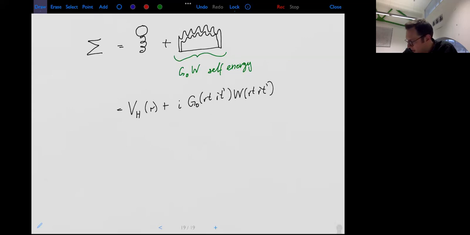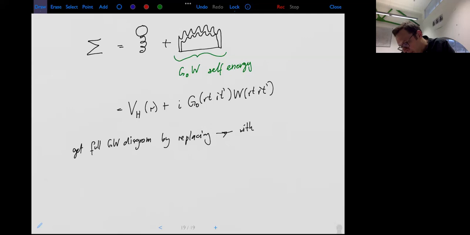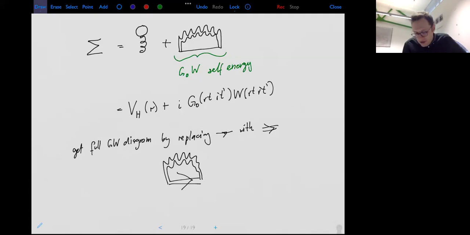This is known as the full GW diagram. You can expand both the screened interaction and the interacting Green's function in terms of elementary diagrams, and in that way you can generate a very large number of these elementary diagrams simply by evaluating this effective diagram. Okay. Any questions so far? I guess there were none.